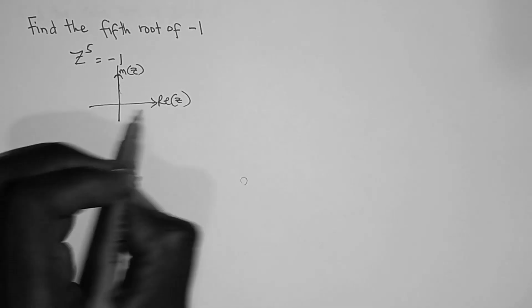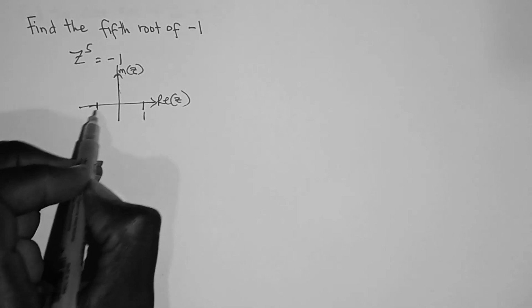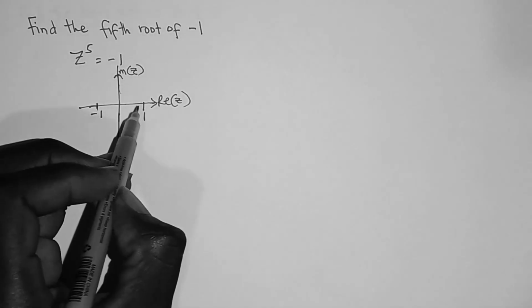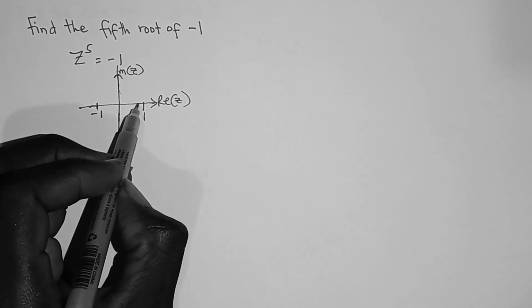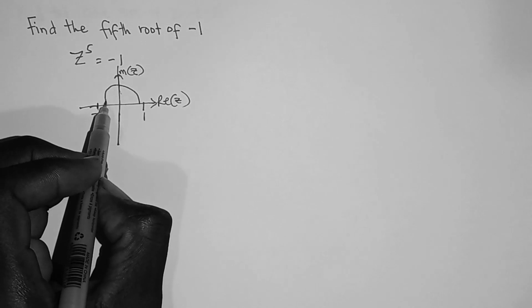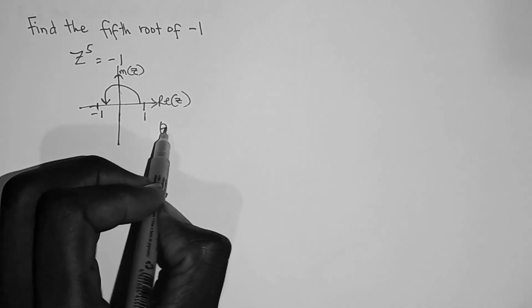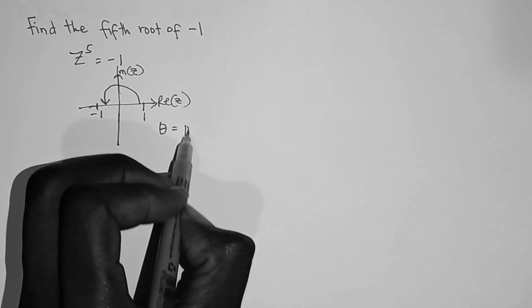So if here is 1, then this place is minus 1. So minus 1 will be measuring the angle from here to this place, and therefore you can see that the argument theta is equal to pi.